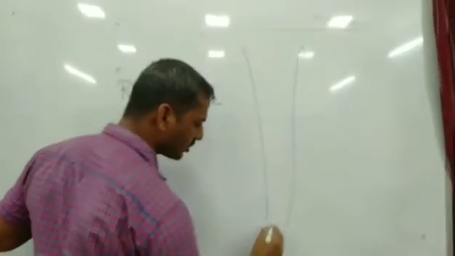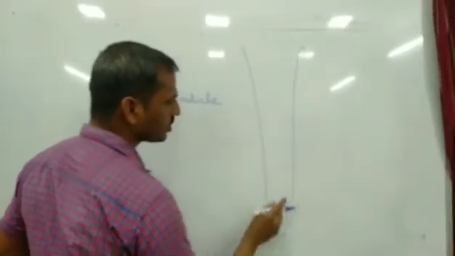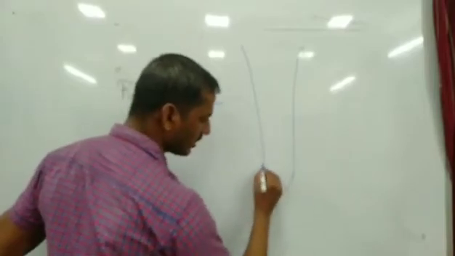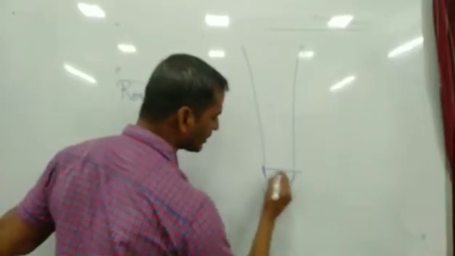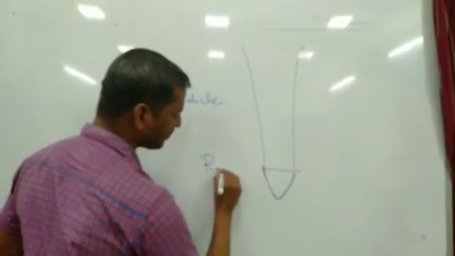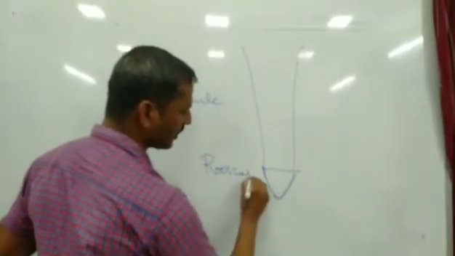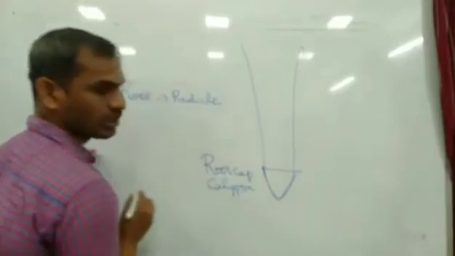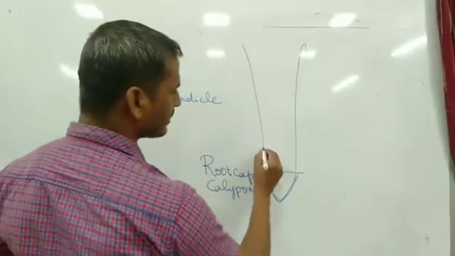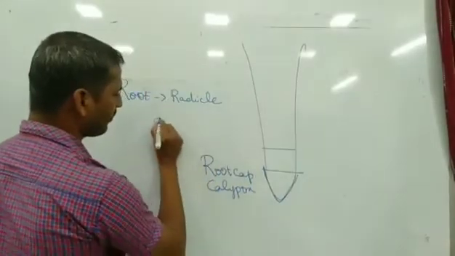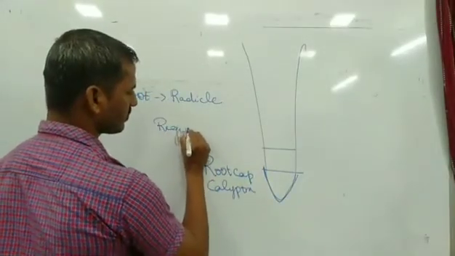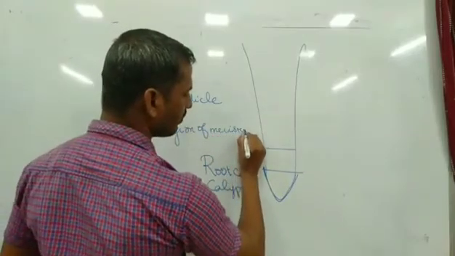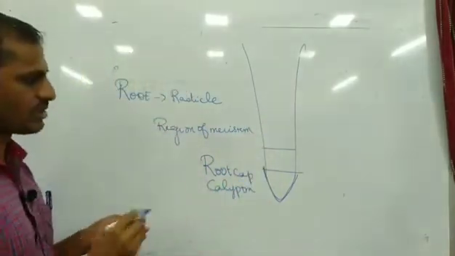This cup shaped region we call as root cap, or we call it calyptra. Then this region is the region of meristem.